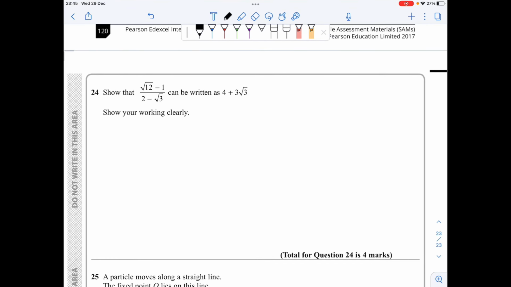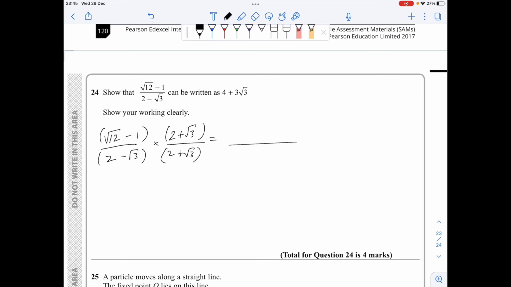Now in question 24, we'll need to rationalize the denominator. We have to show all steps of our calculations. So let's begin. Square root of 12 minus 1 over 2 minus root of 3. And I will multiply this one by another fraction where both top and bottom are the same. This is 2 plus root of 3.